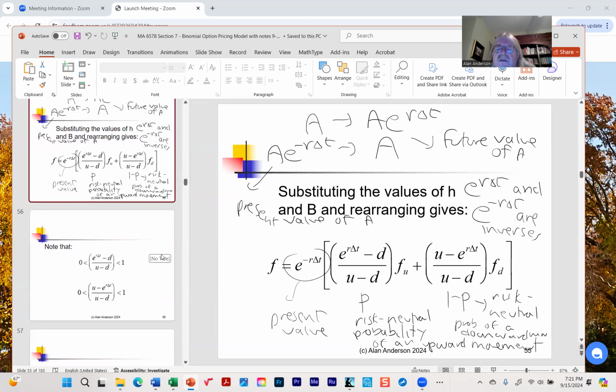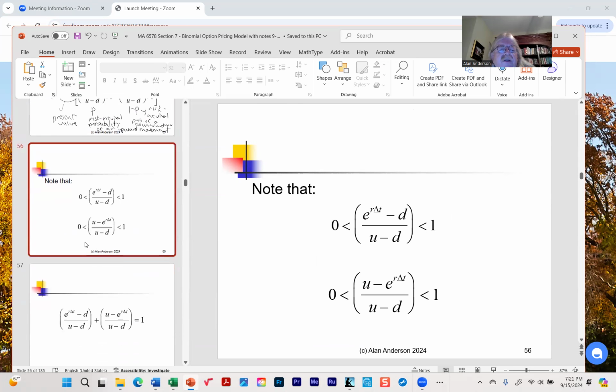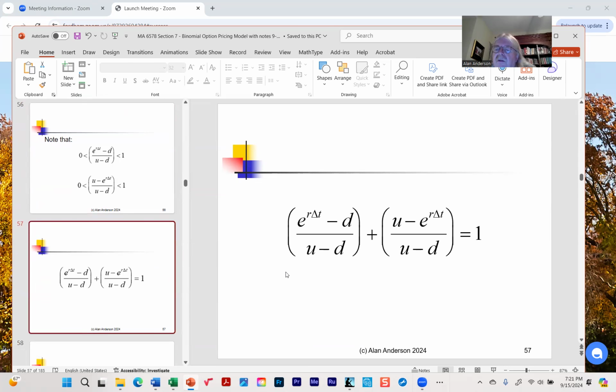Okay, so in other words, in order for these to be interpreted that way, we need to know two things. Number one, these two individually are bounded between 0 and 1. And number two, they have to add up to 1.